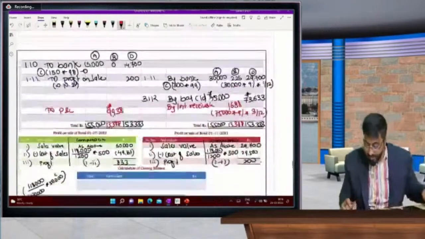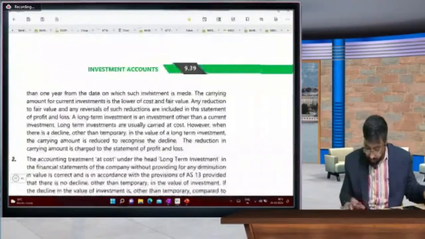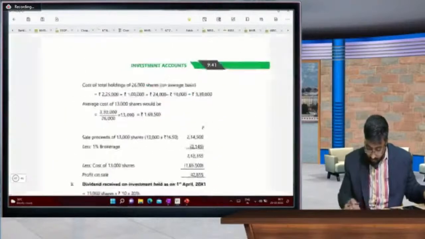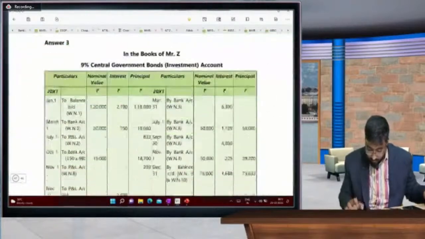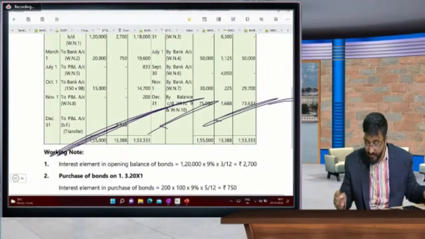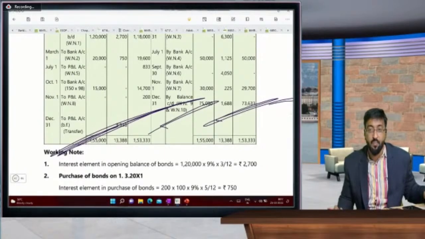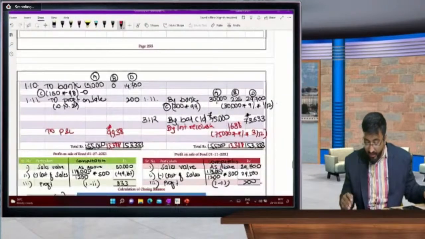Let's check the answer with ICI. Yes. Correct. So beta, we are on the correct track.